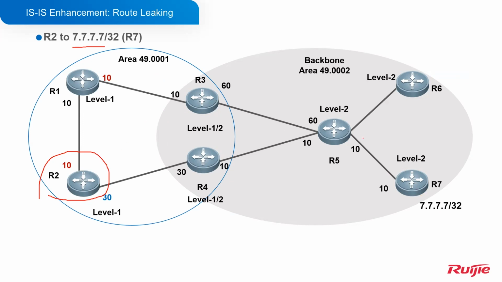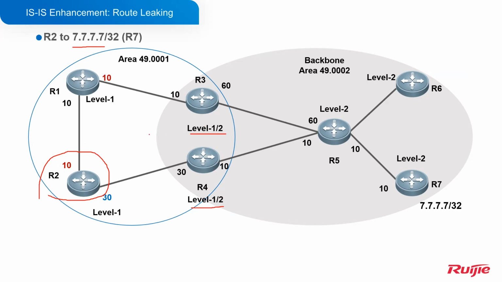To visit a destination in the other area, we will choose the nearest default route, right? Because in your region, you have 2 level 1 and level 2 routers. And who gives me the shortest path of the default route? I will use that default route to forward the message out.